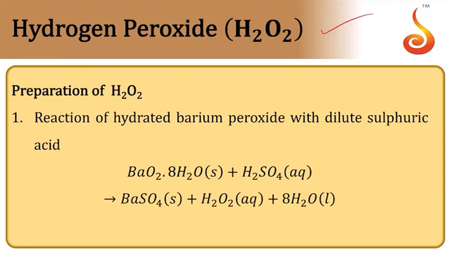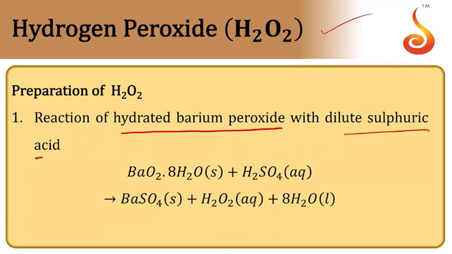Now the next compound is hydrogen peroxide. We have preparation methods. Generally it can be prepared by acidic hydrolysis of peroxides. In that, the first one is hydrated barium peroxide with dilute sulfuric acid, which is going to give us H2O2.